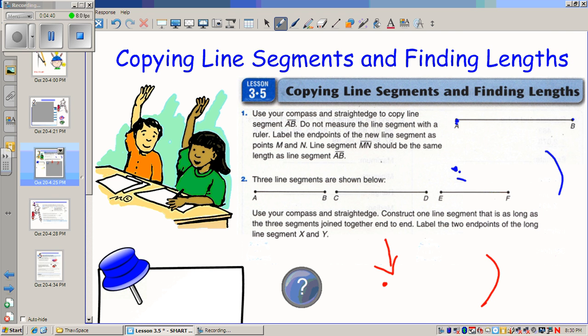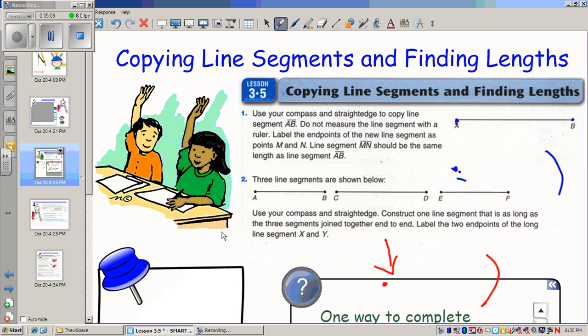So number 2 says 3 line segments are shown below. Use your compass and straight edge. Construct one line segment that is as long as the 3 segments joined together end to end. Label the 2 endpoints of the long line segment X and Y. So one thing you're going to do to start with this, again, having your compass in class makes it a lot easier to practice and to work with it.